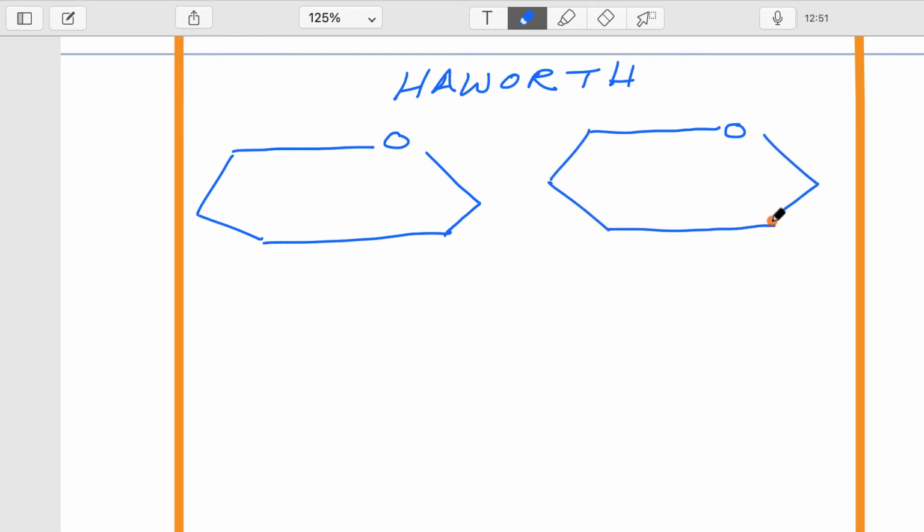This is the first carbon, this is the second, third and fourth, this is fifth, and this is the sixth one. Here also first, second, third, fourth, fifth, and sixth. Then I will write the configuration starting from the second. OH, OH.